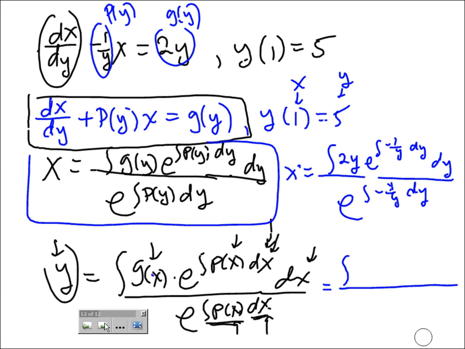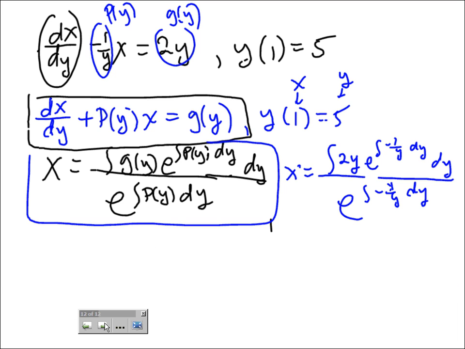So like always in these problems, we want to find out what the integrating factor is. What is e to the integral of p dx? We have e to the integral of negative 1 over y dy.